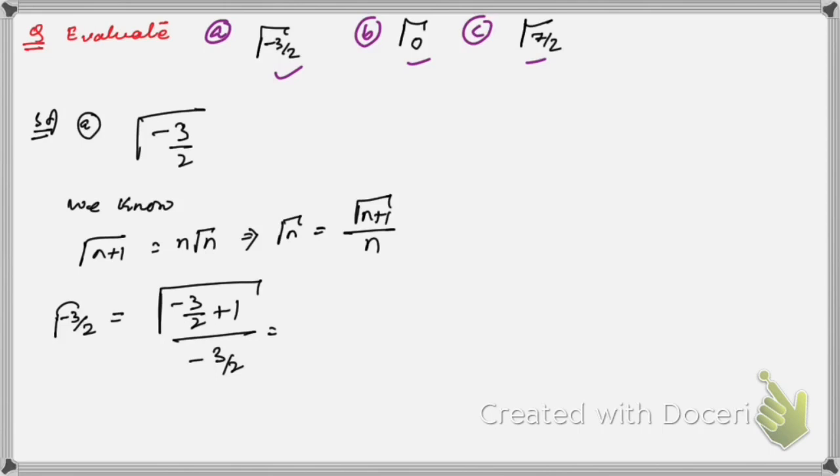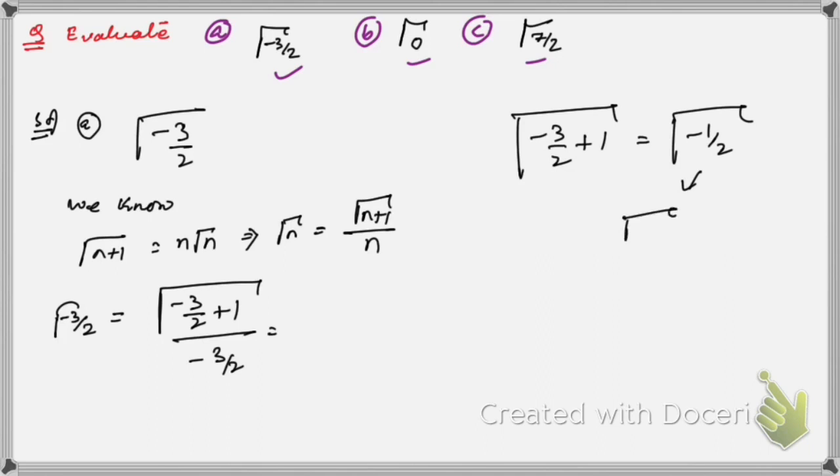So here you see minus 3 by 2 plus 1 is going to be equal to minus half, right? That is what we will get. So again this can be written as gamma of minus half plus 1 divided by minus half, right?